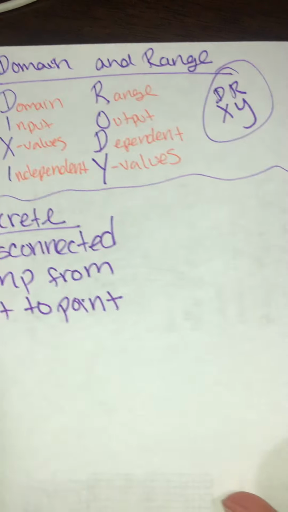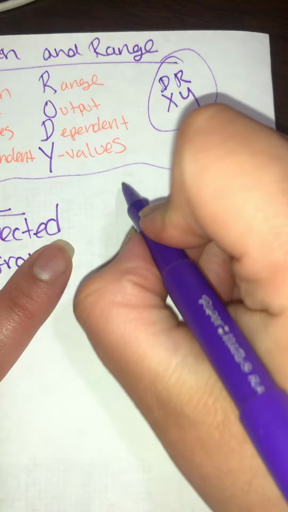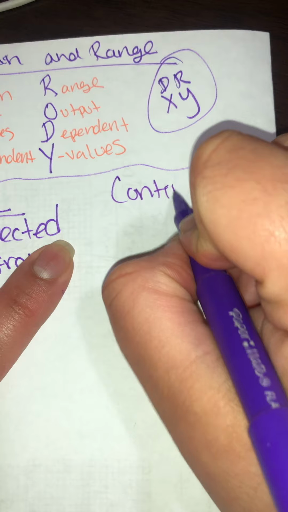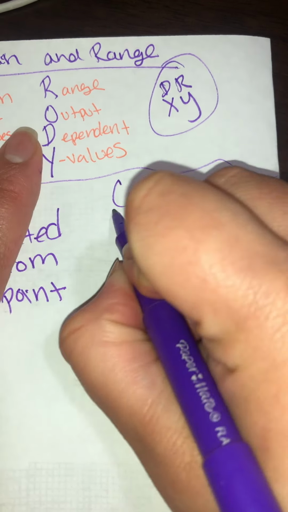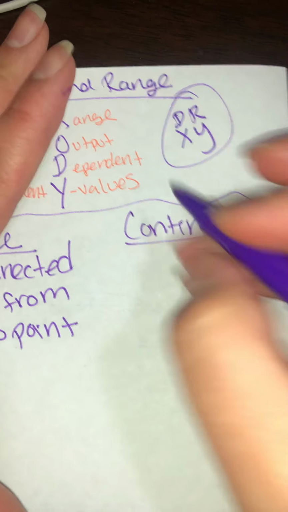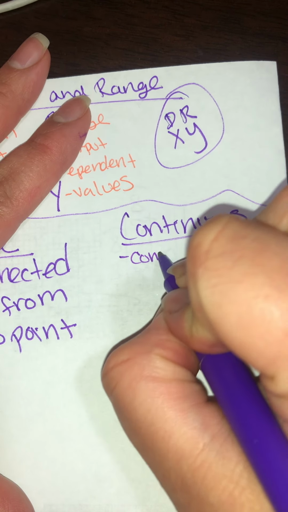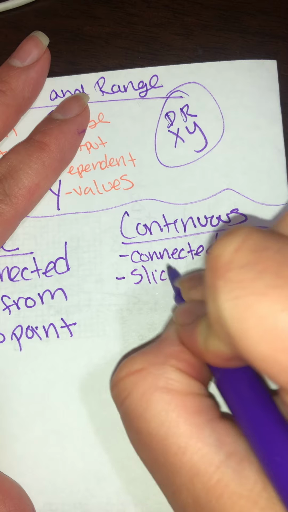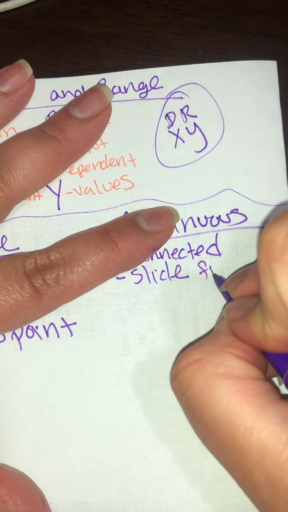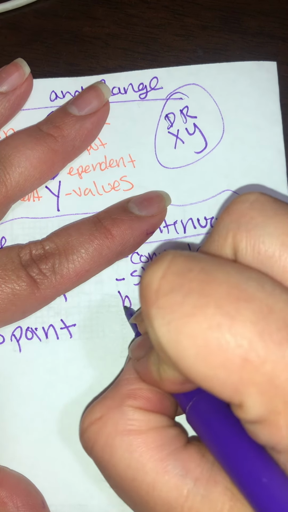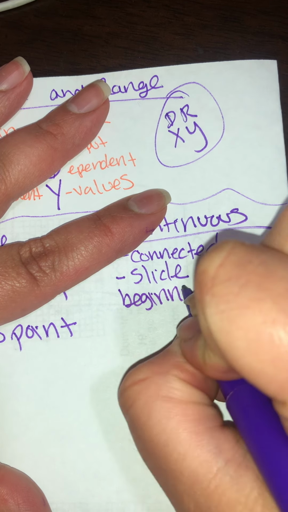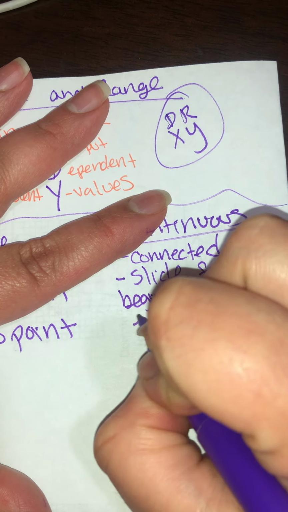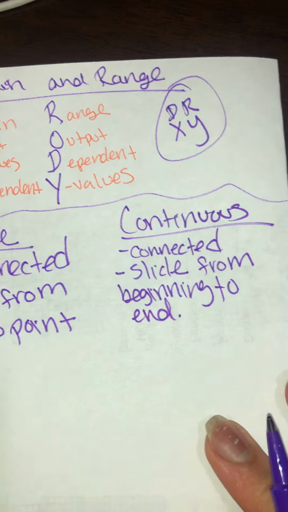What is the other type of data we can have, or graphs? We can have continuous. So what does that mean? It is connected, and we slide from beginning to end.